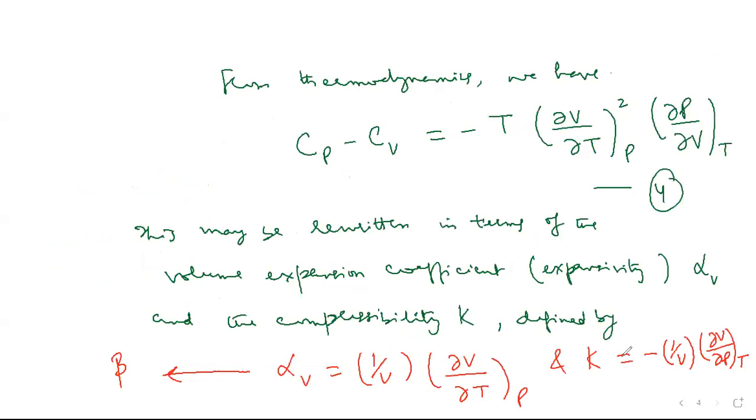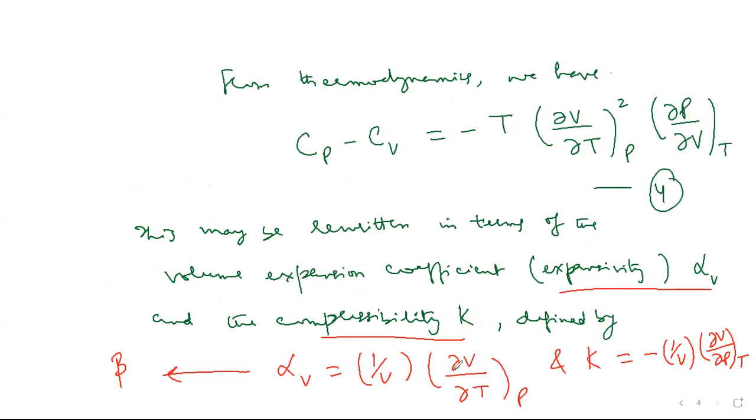Let us move forward. So when we write this equation 4 in terms of the expansivity and compressibility, or more specifically isothermal compressibility K, it is also in some books denoted by kappa, not K, right?